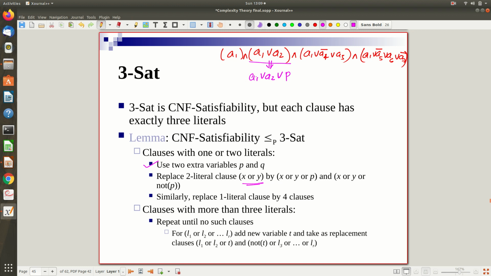This is temporarily added to make the expression 3-SAT. And the same a1 or a2 I write like this: a1 or a2 or p, and a1 or a2 or negation p. This will be nullified because you can simplify this expression.